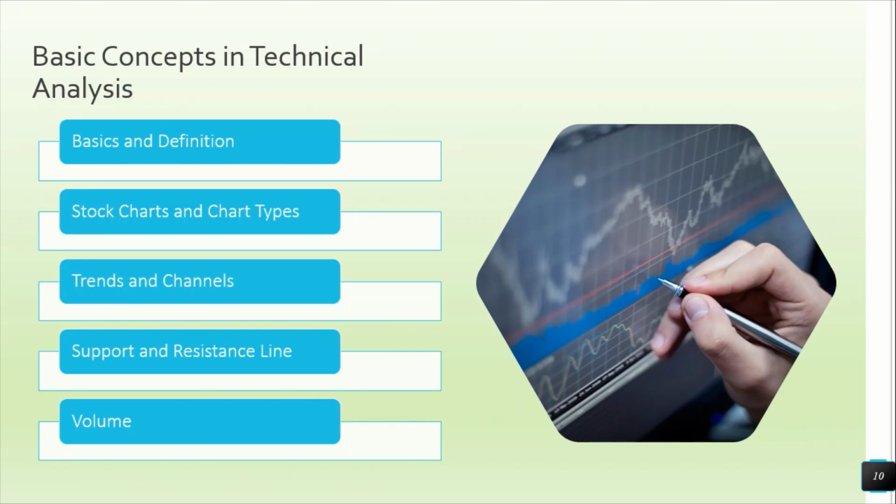We're going to talk about the different stock charts commonly used by technical analysts, the different chart types that you can usually see on television, on websites, and even here in the picture that I used in this slide, which is an example of a chart type that we will discuss later.